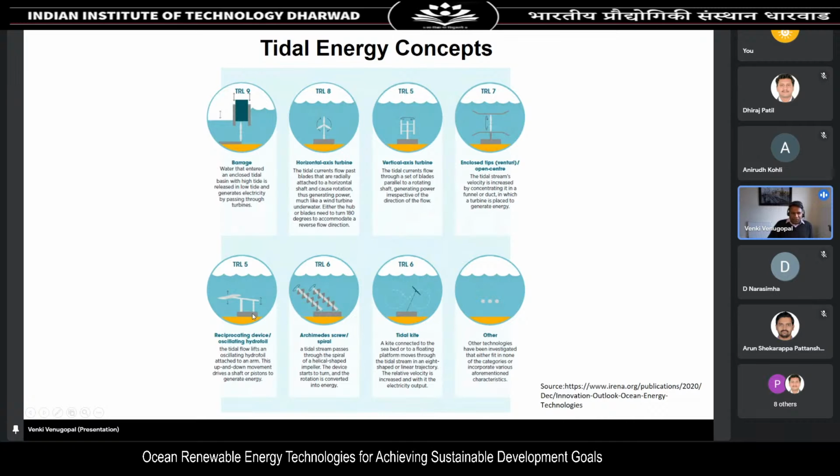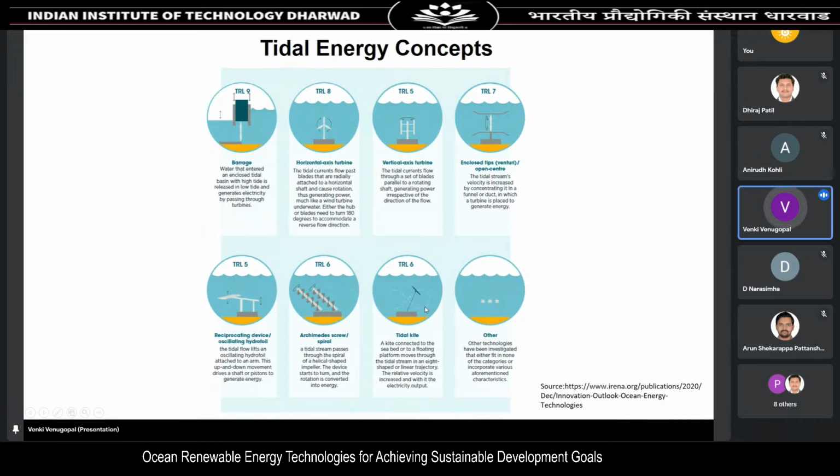The other concepts are given here. This is a reciprocating, oscillating hydrofoil type. The hydrofoil oscillates up and down in a tidal current condition. And we also have the Archimedes screw, which is a screw type of tidal energy converter. And we have the tidal kite.